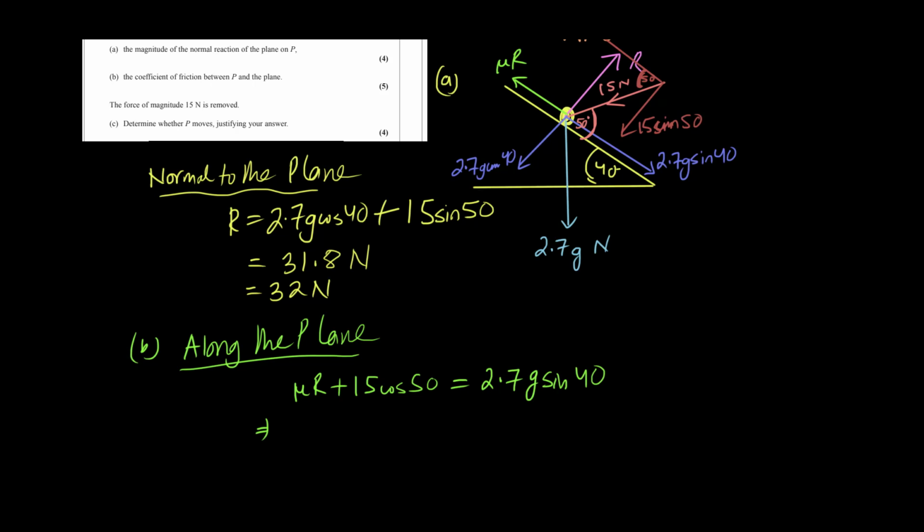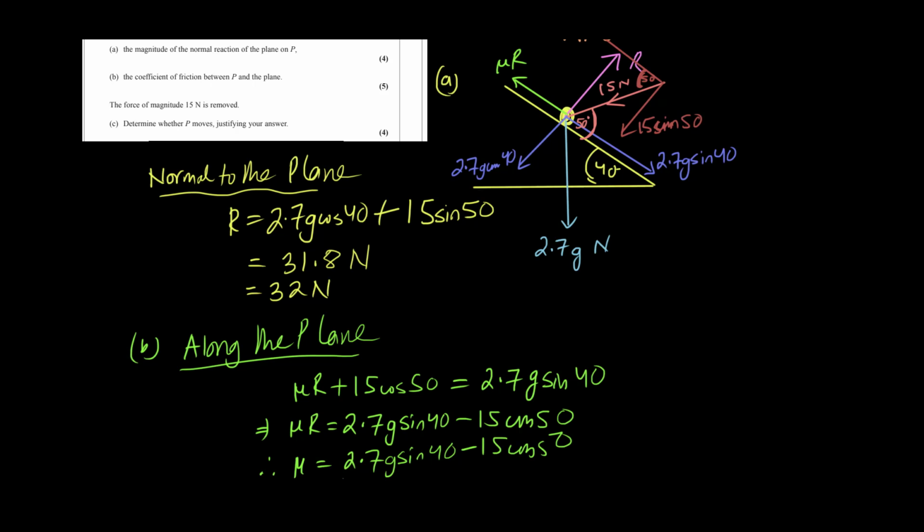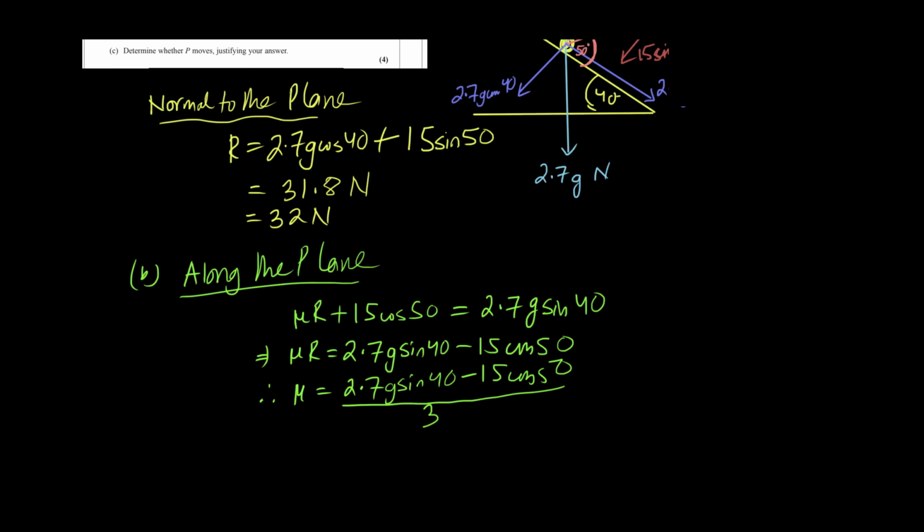We already know from the previous math the value of r. So 2.7 g sine 40 minus 15 cos 50. Therefore mu equals 2.7 g sine 40 minus 15 cos 50, divided by r. I'm putting the value of r a little bit more accurate, 31.8, and to two significant figures, the coefficient of friction would be 0.23. That's the value of mu. So this was question number B.